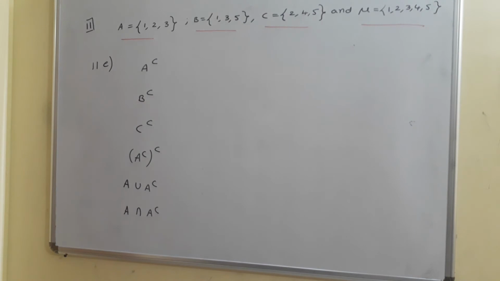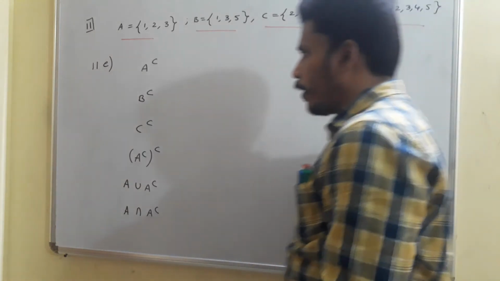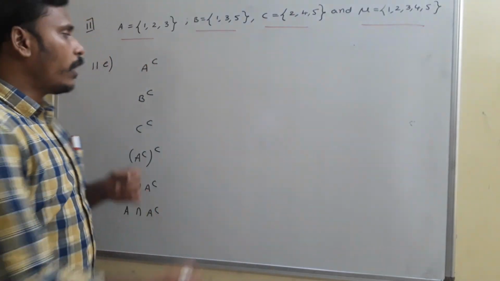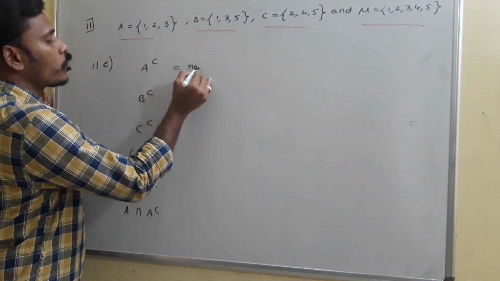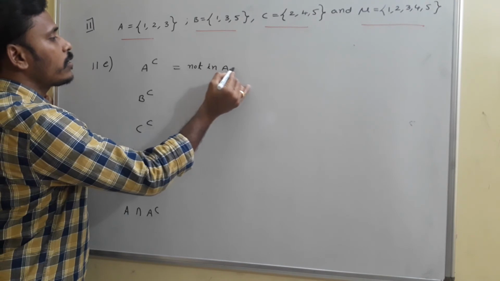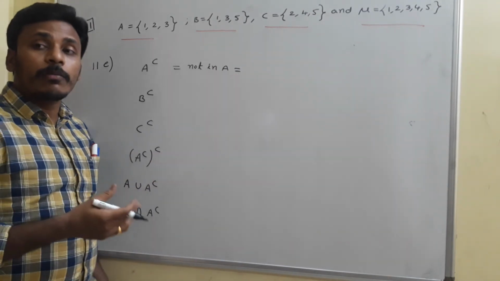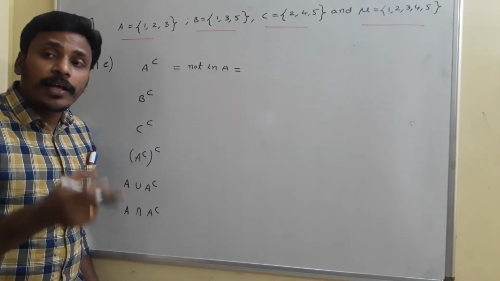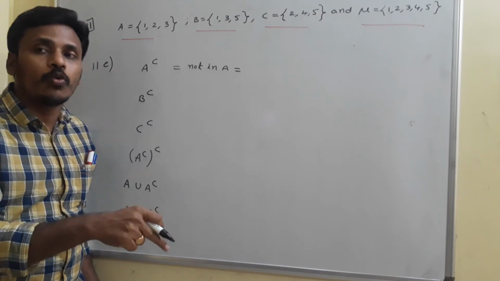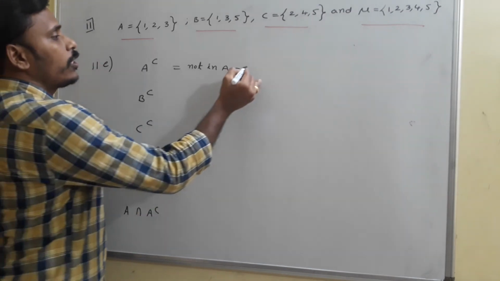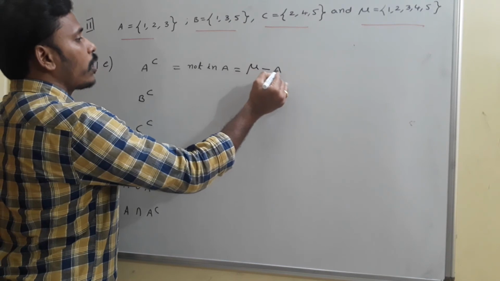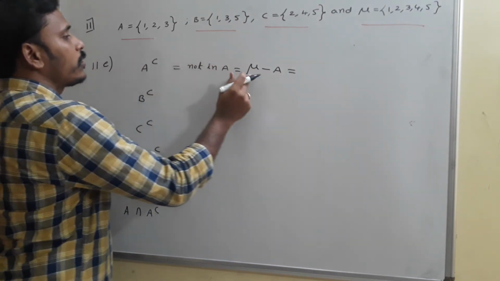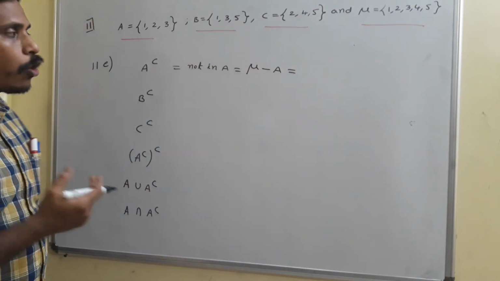11E. Here you need to list out the complements of the given sets. As I mentioned, complement means elements which are not in A. Since they are not in A, you need to consider the elements which are in the universal set but not in A, and that's why A complement is usually mu minus A. Now think about it.